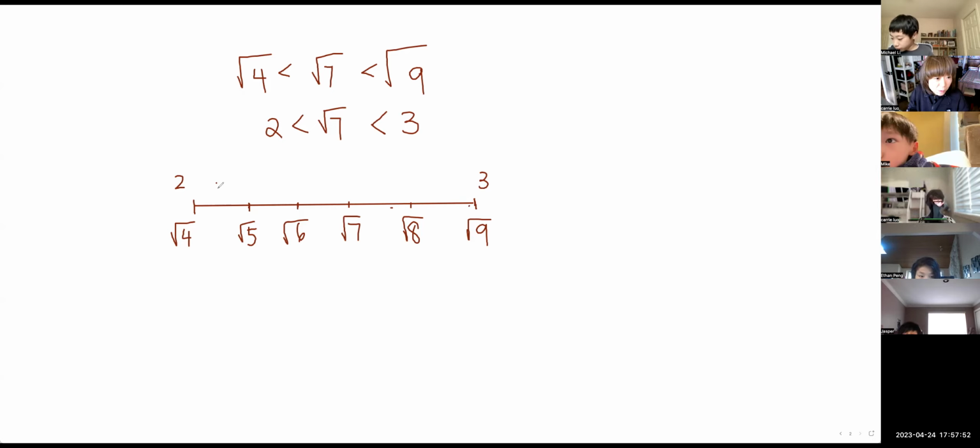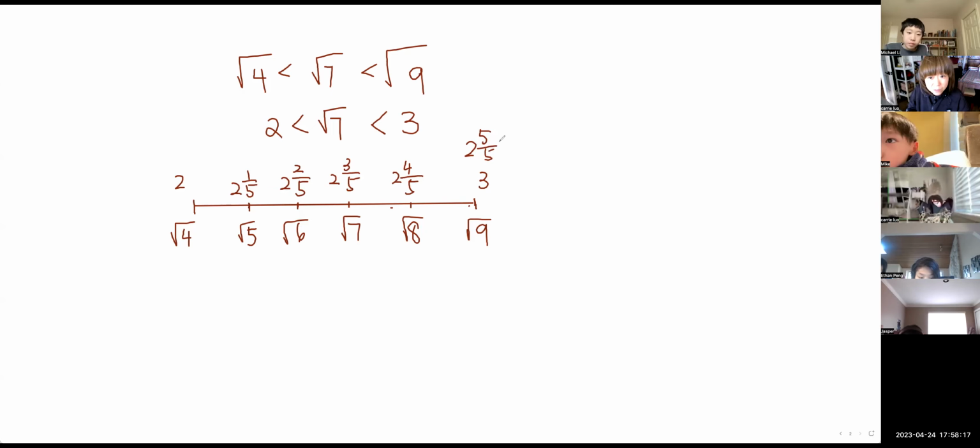So this one's 1 over 5. This is 2 over 5, right? So that's why this is 2 and 1 over 5, 2 and 2 over 5, 2 and 3 over 5, 2 and 4 over 5, and this one is 5 over 5, which is 3. Correct?